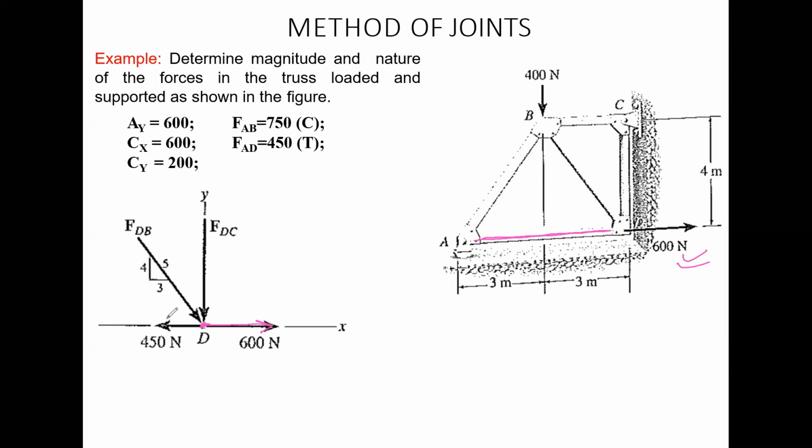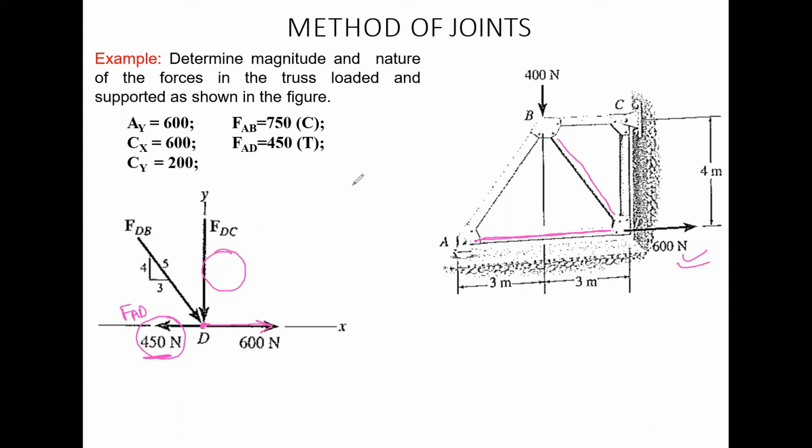That means opposite to the direction of FAD that we taken in the previous FBD of point A. That you have to keep in mind. And here the force along the link DB is FDB, and force along the link DC is FDC.